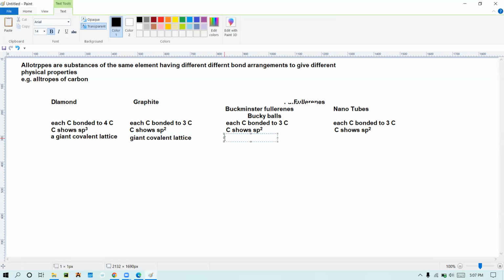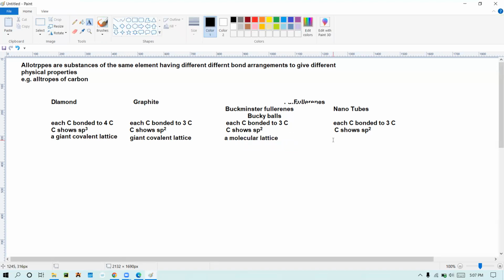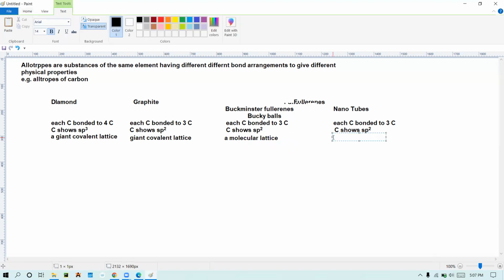Buckminster fullerene, I can say, is a simple molecular lattice. It is made up of molecules. But nanotubes are again a giant covalent lattice.